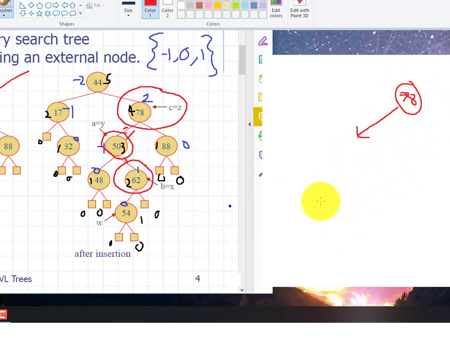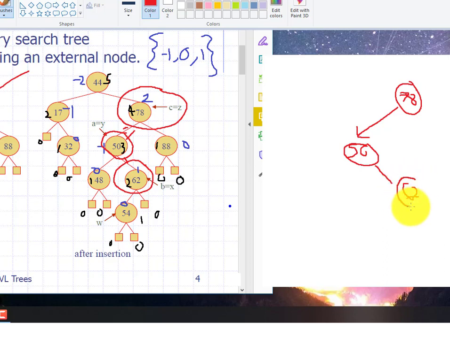So you can write it on your piece of paper and see if you can work with your own handwriting. So this is the 78. The left child of 78 is a 50, so I'm going to write it here. And then the right child of 50 is 62.